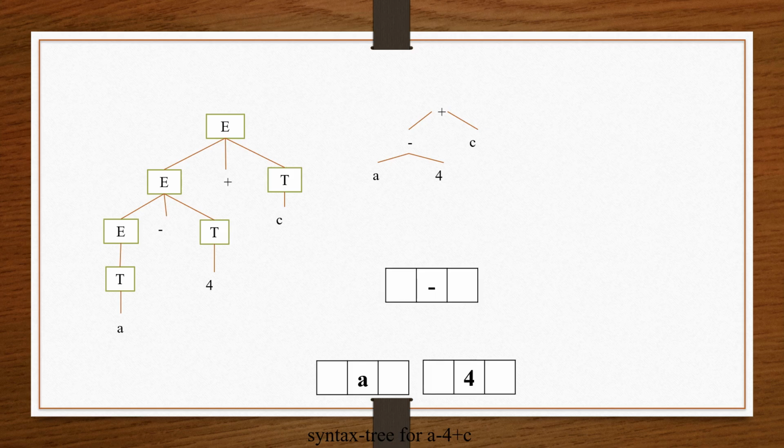Look at that minus, the left child contains the address of A, that is nothing but E node. A is a leaf node whose address is assigned to T node, then it is assigned to E node. Therefore the left child is E node. And look at that, 4 is a leaf node whose address is assigned to T node. Therefore the right child is T node.